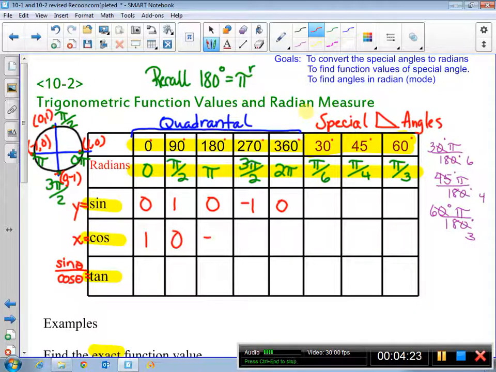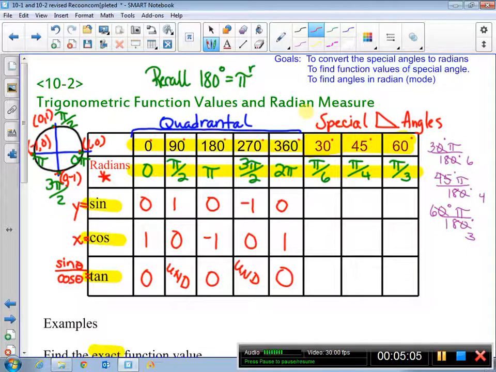Keep going around, negative 1, 0, and back to 1. This same chart is in your chapter 9 notes, but we didn't have radians then, so this is the only new part. Tangent of an angle equals the sine of the angle over the cosine of the angle. So we know we get 0 and undefined, and 0, undefined, and 0. Of course, this chart could also continue for cotangent, secant, and cosecant, but having this is enough. Again, we're just practicing the radians.